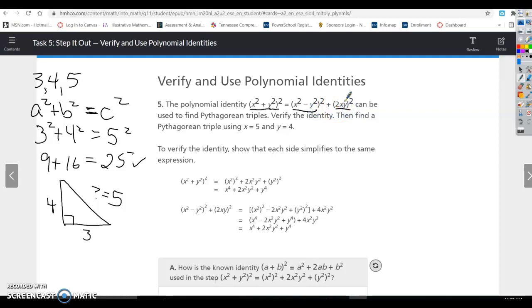So this would be your c squared equals, and this would be your 2 side squares. What I want you to see is that this is the Pythagorean theorem, just a more complicated version than this. That's what we're looking at with the polynomial identity here. So just be aware of that.